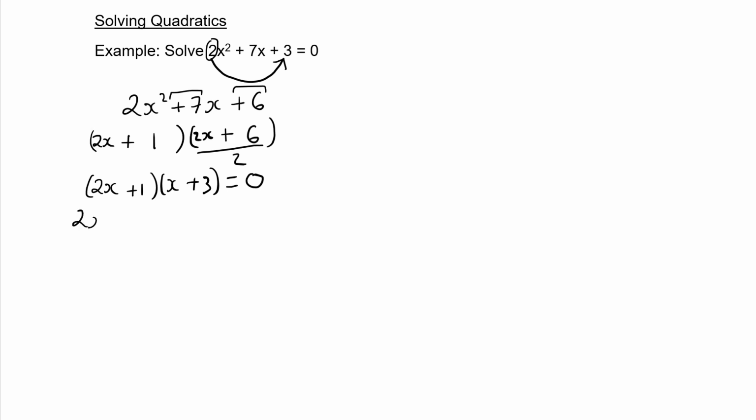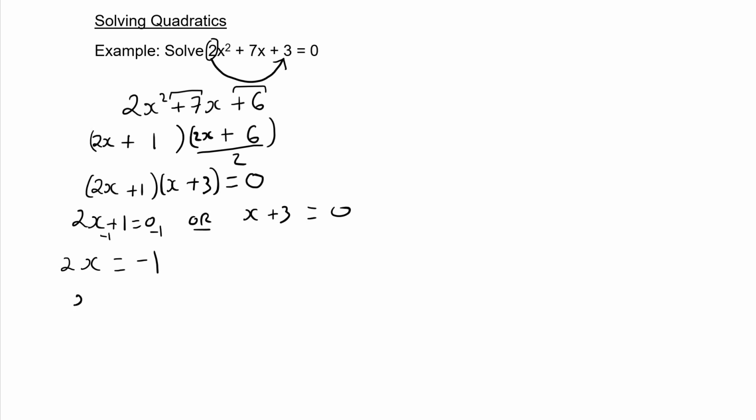So either 2x plus 1 equals 0 or x plus 3 equals 0. In the first instance, if 2x plus 1 is equal to 0, then I can say that 2x is going to be equal to minus 1 by subtracting 1 from both sides of the equation.